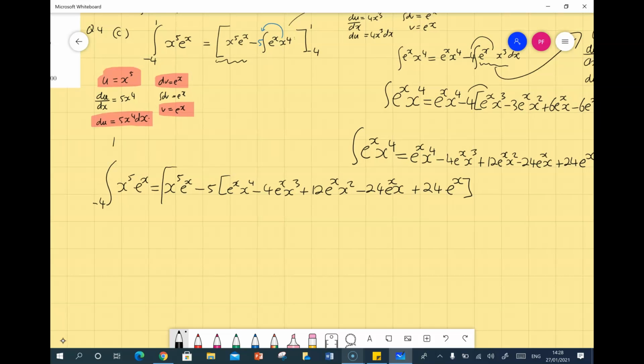So we're going to multiply all that out, and then pop in our 1 and our minus 4.